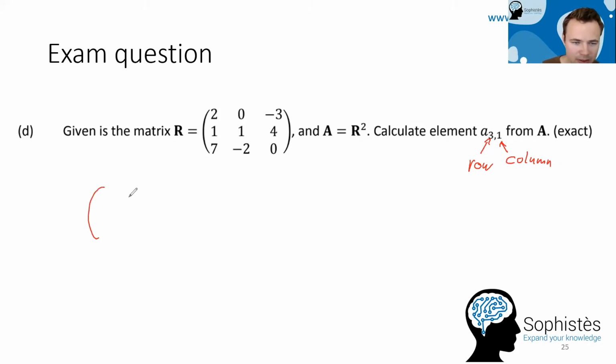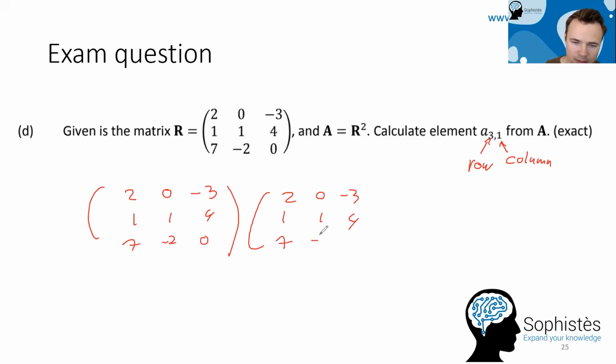So we want to have the matrix 2, 0, minus 3, 1, 1, 4, 7, negative 2, 0, times 2, 0, negative 3, 1, 1, 4, 7, minus 2, 0.